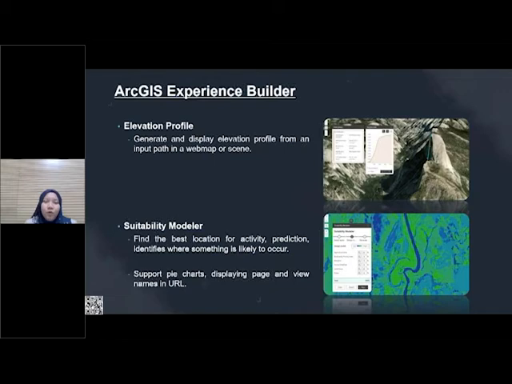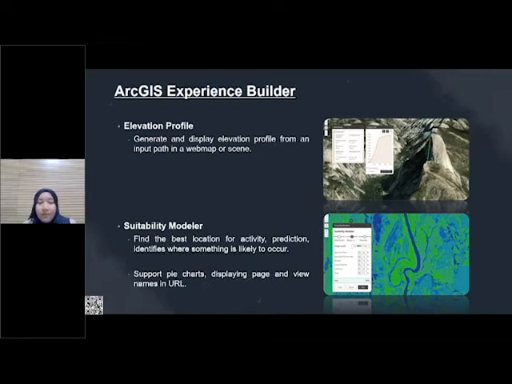For the elevation profile, for example, if you want to see the slope difference, maybe after a disaster you want to see whether the place has changed or not, but you cannot go because the place is too high. You can just use this elevation profile to generate the elevation for you.